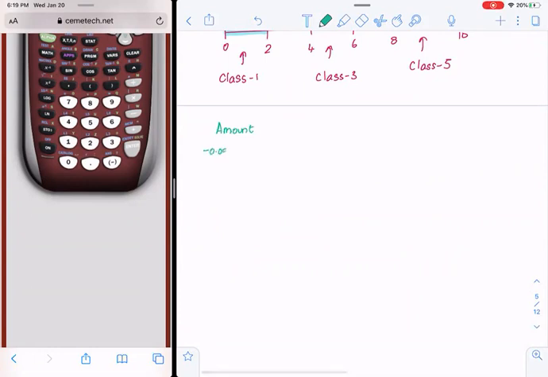So I have minus 0.05 all the way up to 2 minus 0.05, which is 1.95. 1.95 all the way up to 3.95 and so forth. But some might say, well, I don't want to do that correction at all. I'd rather keep it as 0 to 2, 2 to 4, 4 to 6, 6 to 8, and 8 to 10. Either would work.